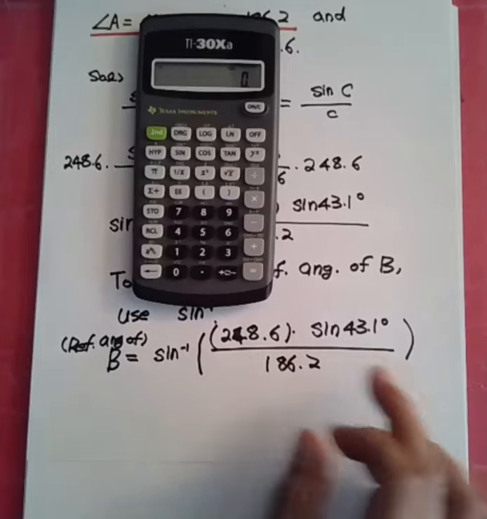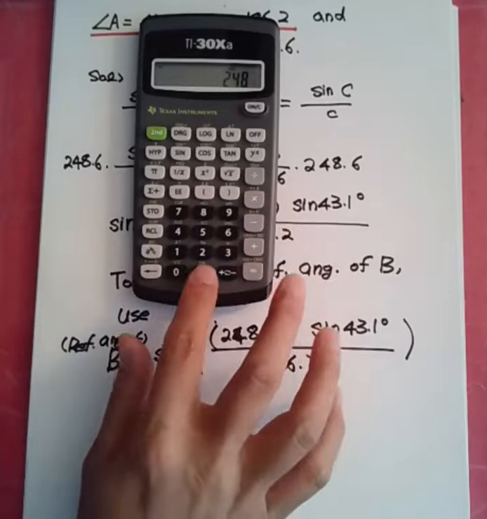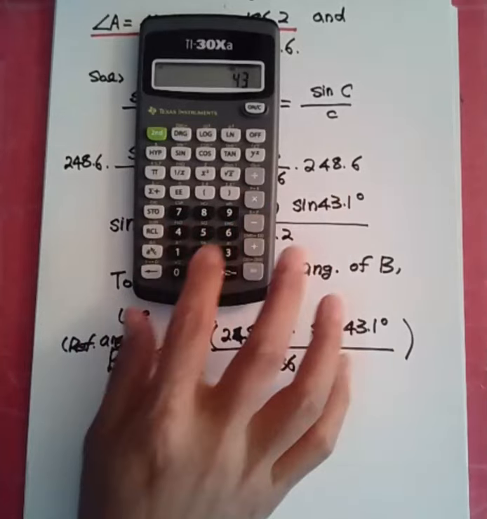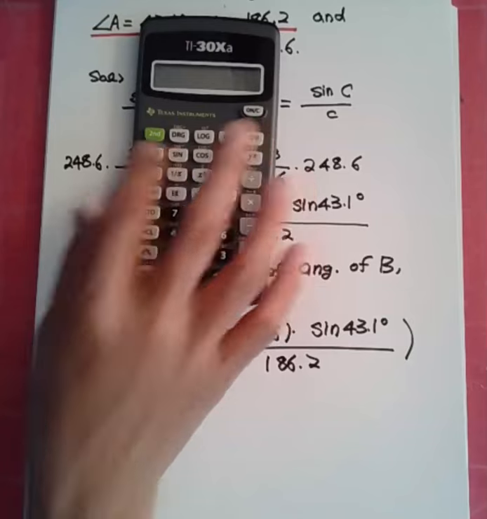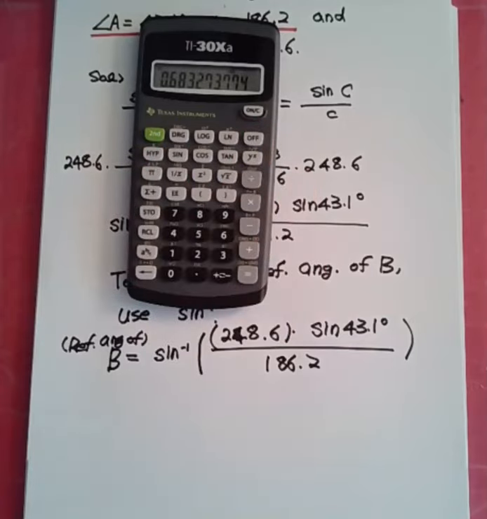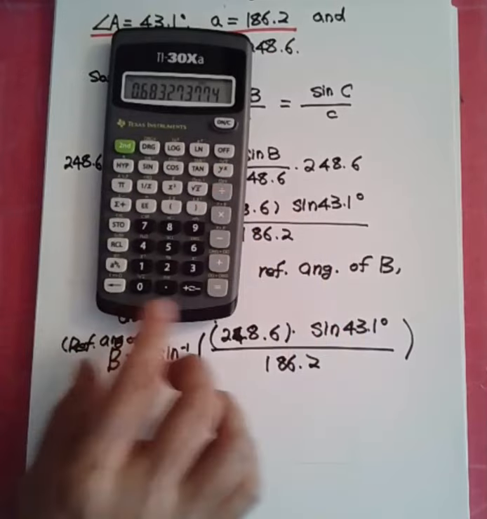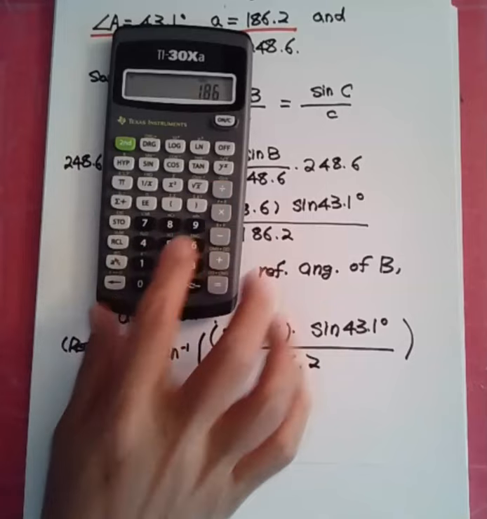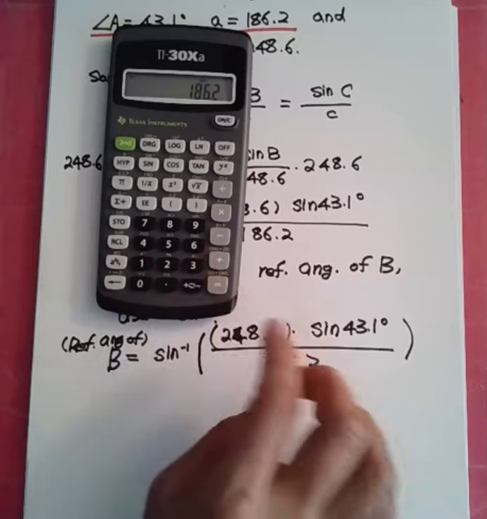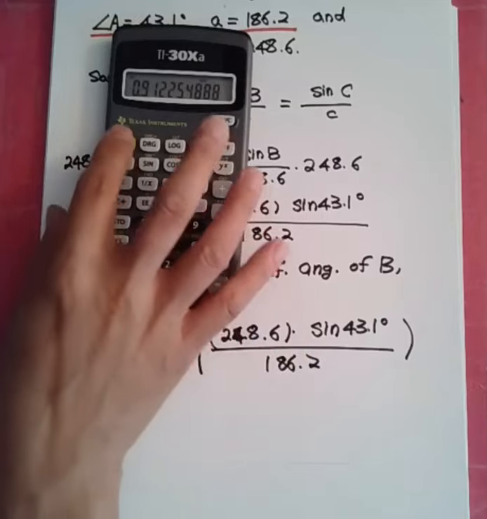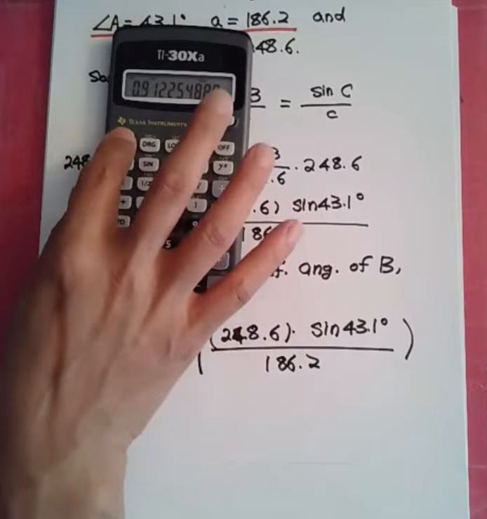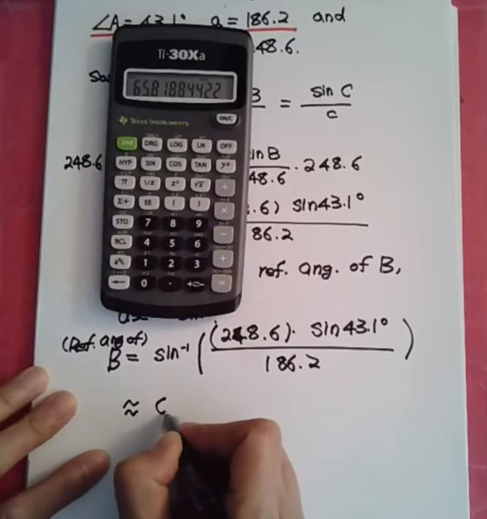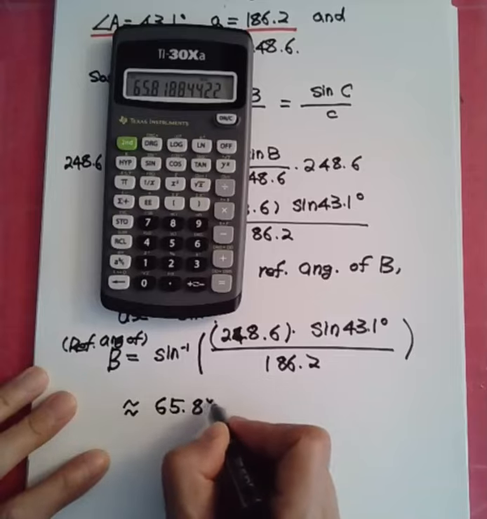So let's put the information: 248.6 times sine of 43.1, then we have to divide by 186.2, evaluate it, and then we have to use inverse sine, second and sine. That gives us about 65.8 degrees.